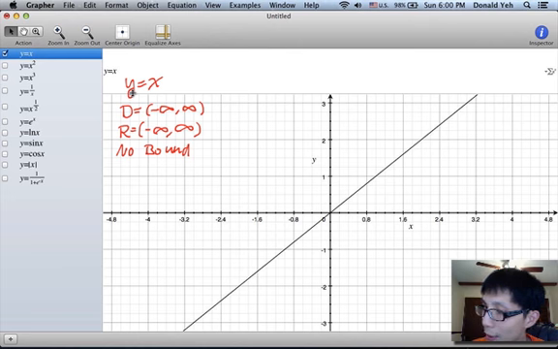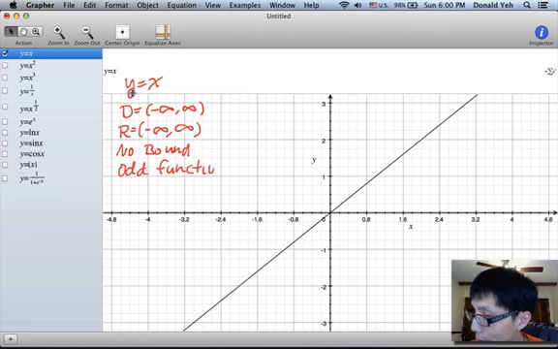And you're going to tell me this is an odd function. Again, we just review what an odd function looks like. For an odd function, you're going to have here to here.